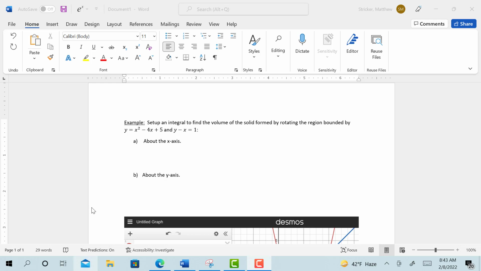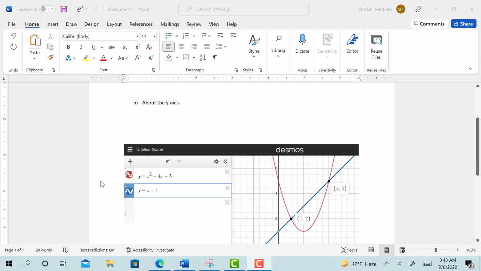As with all the problems we've been doing, we want to graph first. You can see down below that I have graphed both curves, one a line and one a parabola. The very first thing we want to determine is: is this a vertical, bottom to top region, or a horizontal, left to right region?